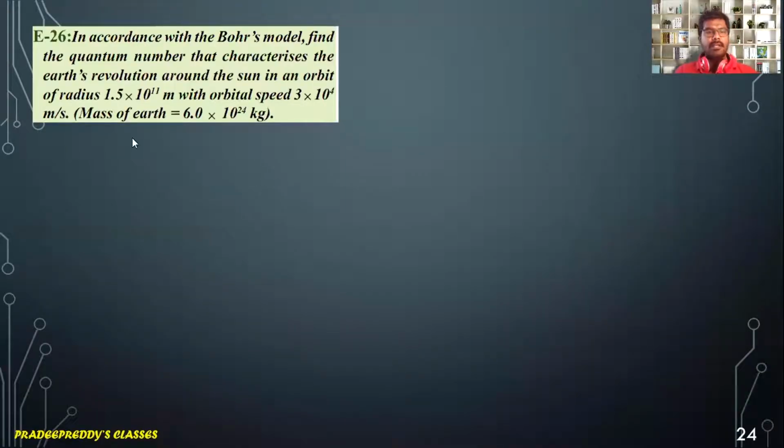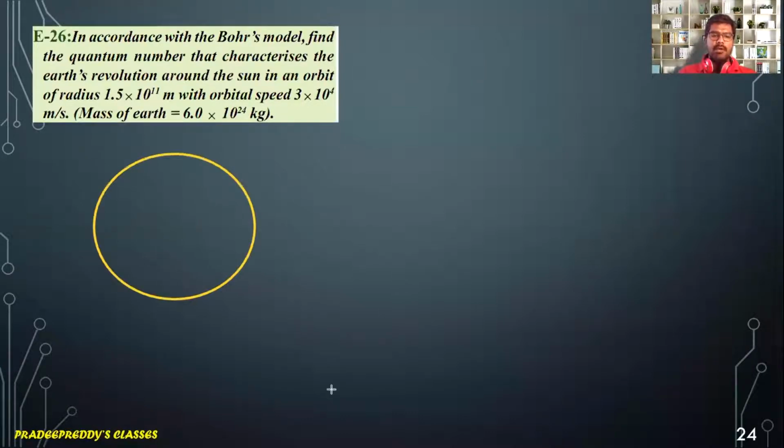Use Bohr's quantum condition to solve this problem. It's not electron here. Earth is revolving around the sun. Let me consider this is Earth and here is the sun.